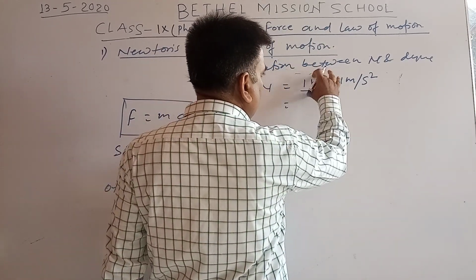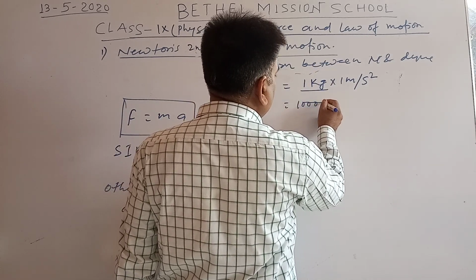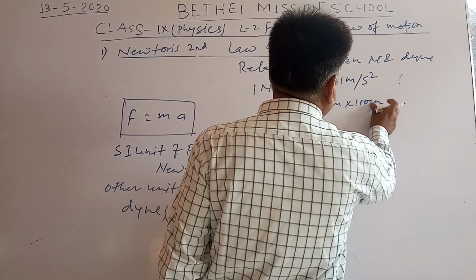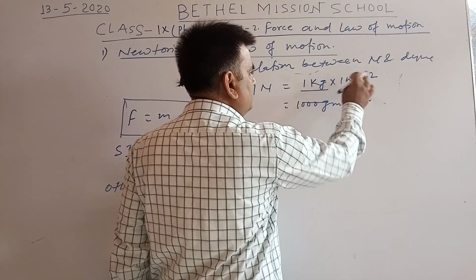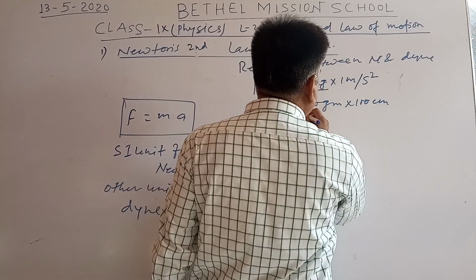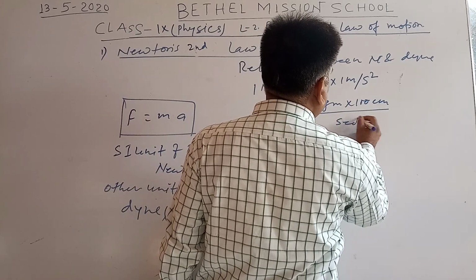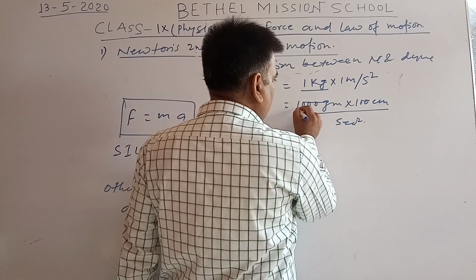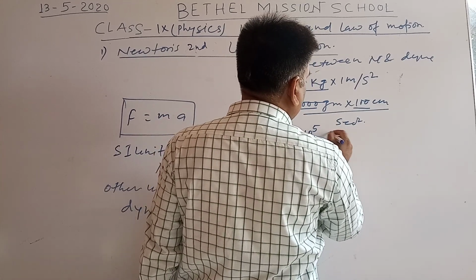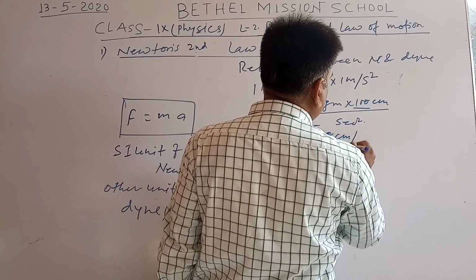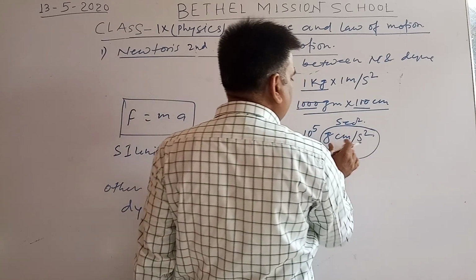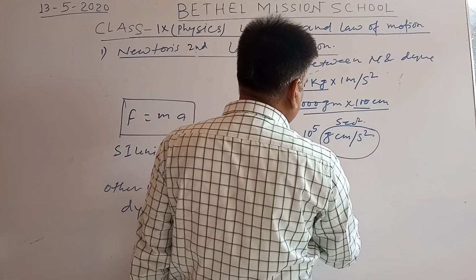Convert 1 kg into 1000 gram, and 1 meter into 100 centimeter, per second square. 1000 into 100 gives 10 raised to the power 5 gram centimeter per second square, and this unit gram centimeter per second square is known as dyne.